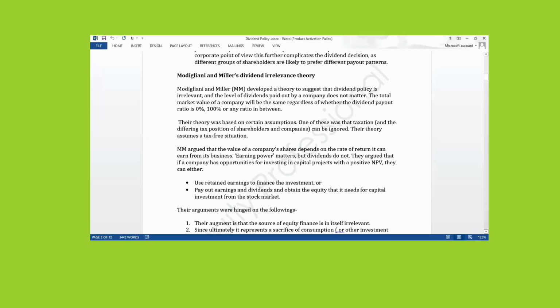By issuing more shares, there is no issue cost.